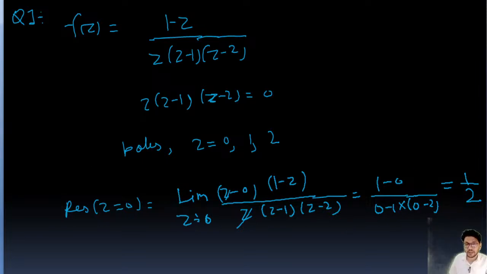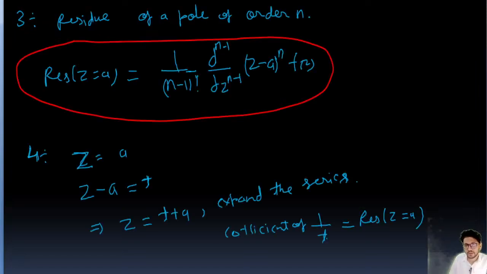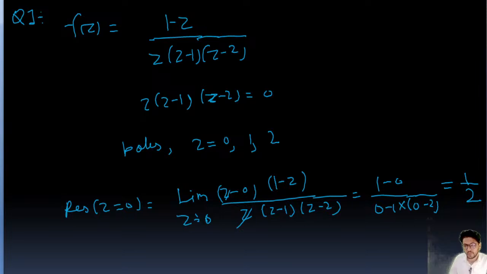Now at z equal to 1, the residue at z equal to 1 is going to be the limit as z tends to 1 of (z minus 1) into this one, 1 minus z. I think this is 1 minus z, right?